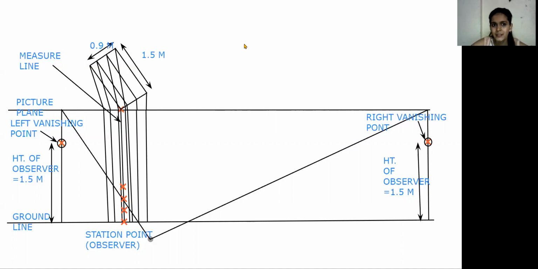Okay. I'm showing it on another side again. Here is the ground line. Here is the measure line. Okay. We need to consider 4 points. So we need to consider a lower point, then half centimeter apart, again half centimeter apart, again half centimeter apart. So the whole dimension will be 1.5 centimeter.